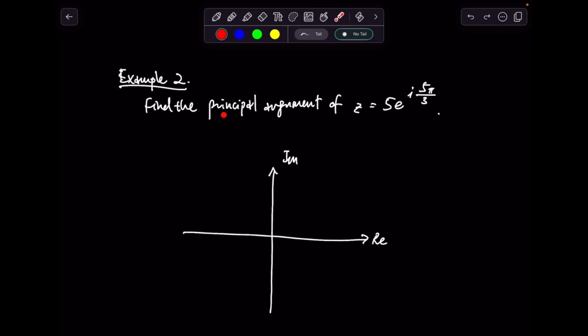Let's find the principal argument of this complex number. The easiest way to find the principal argument of a complex number is always to first draw an Argand diagram. This complex number has a modulus of 5. That's not very important yet, in this question it's not important. We just acknowledge that it's there. The argument that we are given is 5 pi over 3.